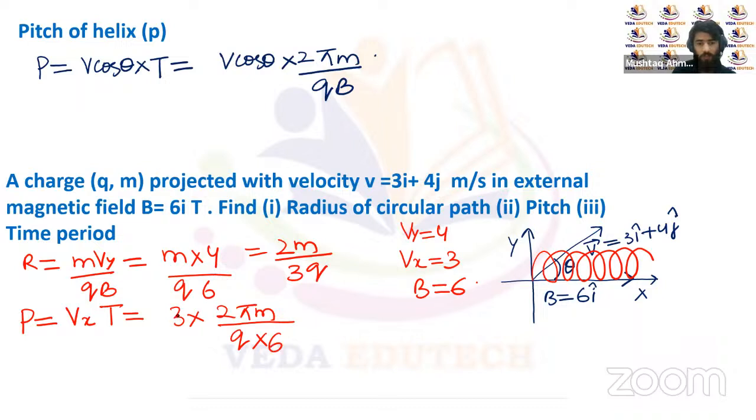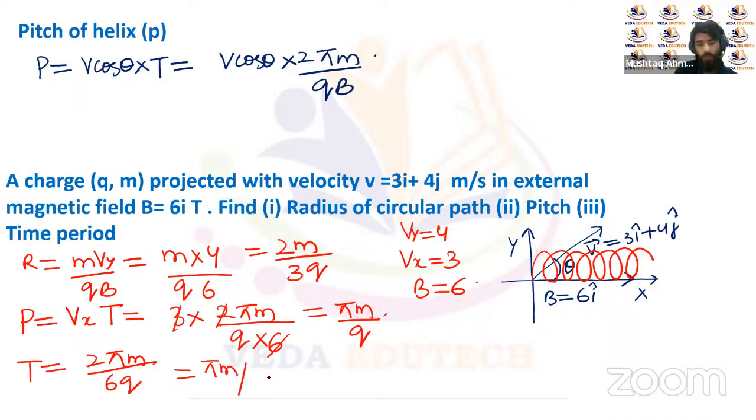So this 6 and 6 will get cancelled, and we'll be left with the pitch as pi m upon q. The time period is 2 pi m upon 6q, so it will be pi m upon 3q. So this will be the time period of this particle, and this will be the helical path of this particle.